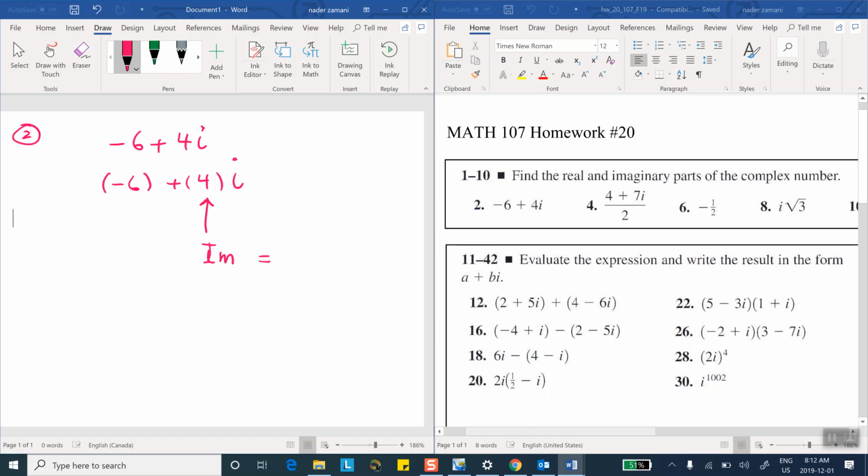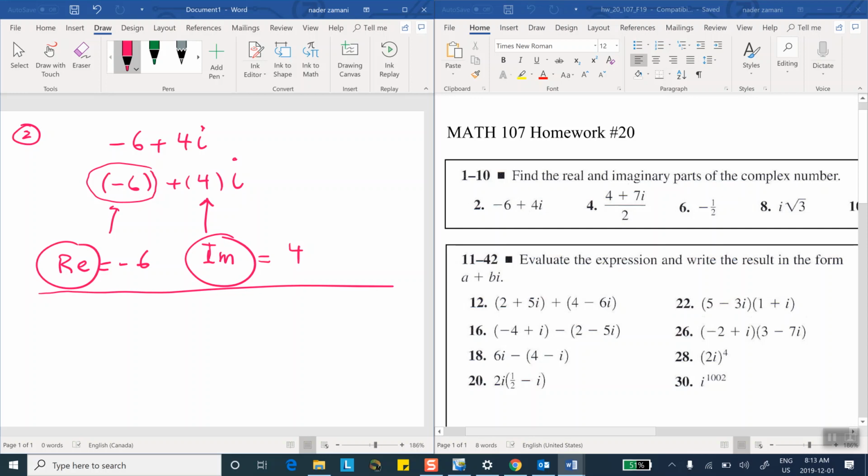Imaginary part is 4, and the thing that's not multiplied by I, whatever is added to this second term, is the real part. So the real part is minus 6. Okay, instead of writing imaginary part equal to 4, real part equal to minus 6, we try to save some work by using this kind of a notation.